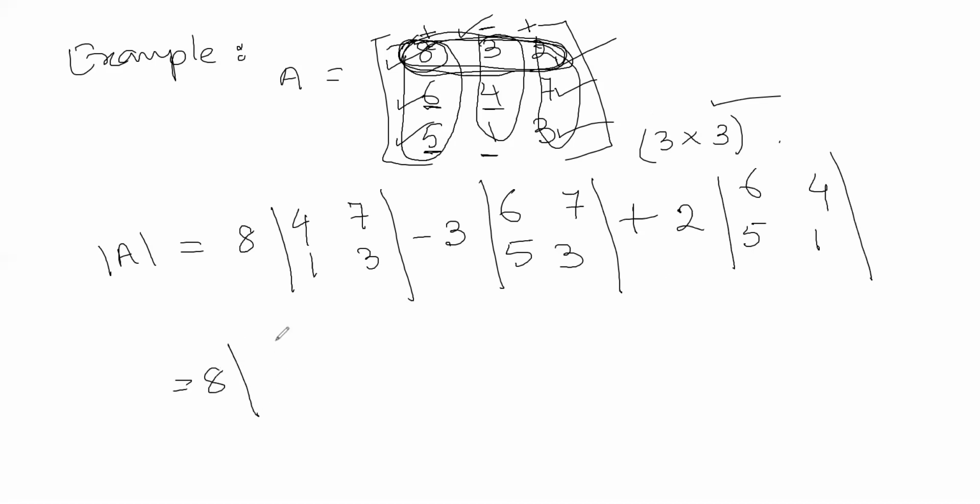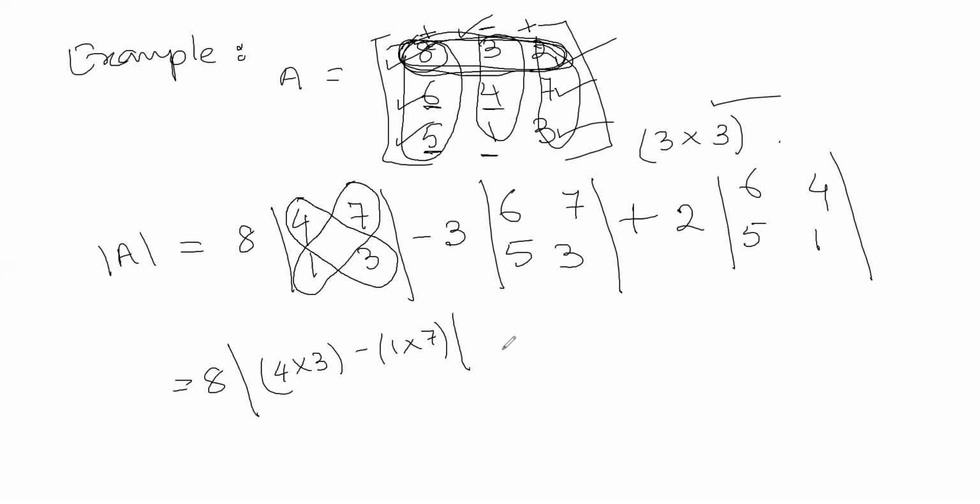Now for this, again we will use the previous concept: product of the elements of the principal diagonal minus product of the elements of the off principal diagonal. So basically now we will do 4 into 3 minus 1 into 7. That's how we have formed this. Let's do it for the next one.